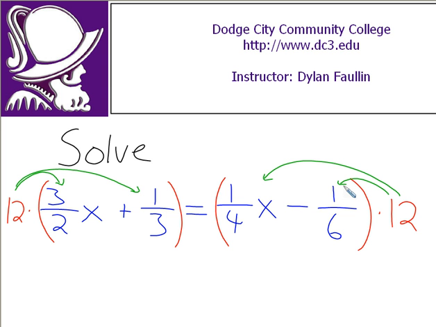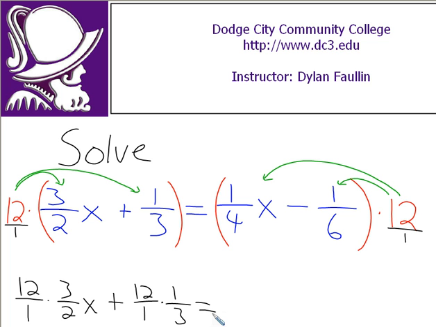Now, since this 12 is going to have to get multiplied to these fractions in all four cases, it might be helpful to think of the 12 as a fraction also. So we'll think of the 12 as 12 over 1, and we'll do that on both sides of the equation as well. And so what we're going to get here on our next step is we'll have 12 over 1 being multiplied to 3/2 x, and 12 over 1 being multiplied to 1/3.